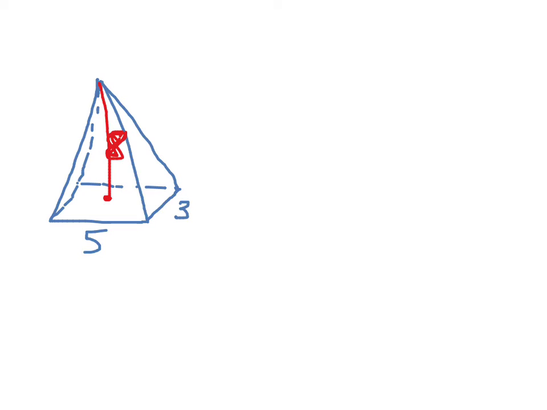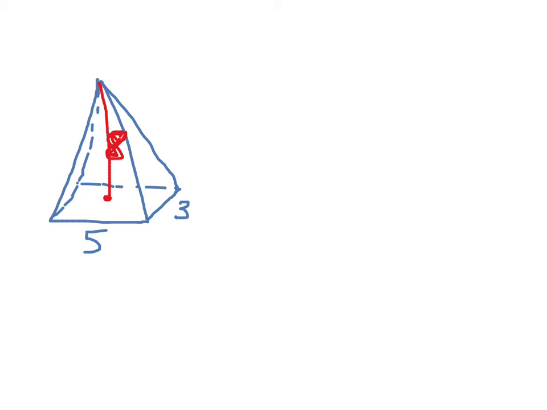Okay? So you're trying to figure out what is the volume of this pyramid. What kind of base is that sitting on? Rectangle. How'd you know it was a rectangle? Not all sides are the same.